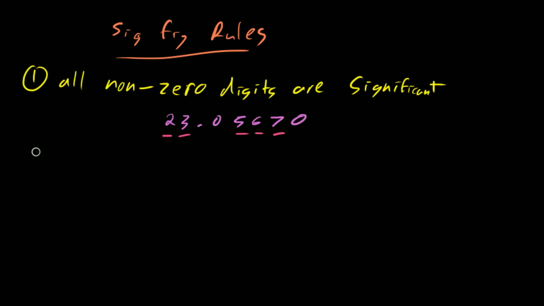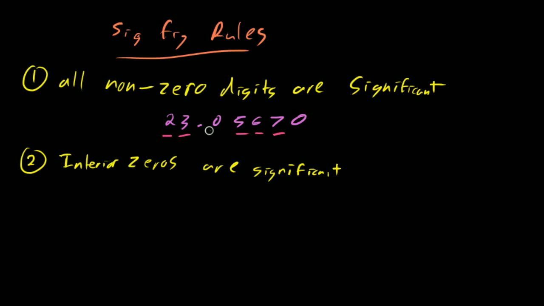The second rule is that the interior zeros are significant. So that means that these zeros that are in between, or I guess it's just this one zero in this example, are significant because it's in between one significant figure and another.